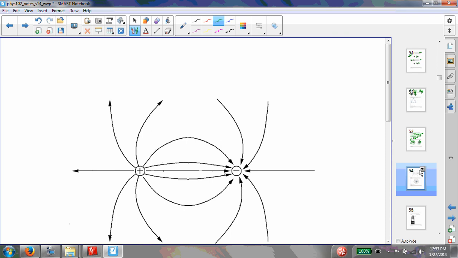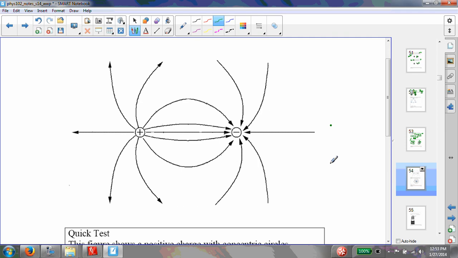Now, if we have 2 charges like this, a positive and a negative, the equipotential lines are a little more complicated, but they're still perpendicular to the field lines. So they're going to look something like this. At each point, the equipotential line is perpendicular to the field line. So it'll look something like that.